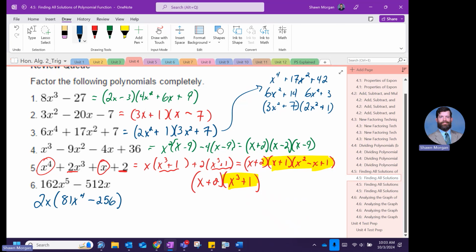It is 256. Now, Phil, that binomial is a what? It sure is. Difference of squares, which factors as a binomial times its conjugate.